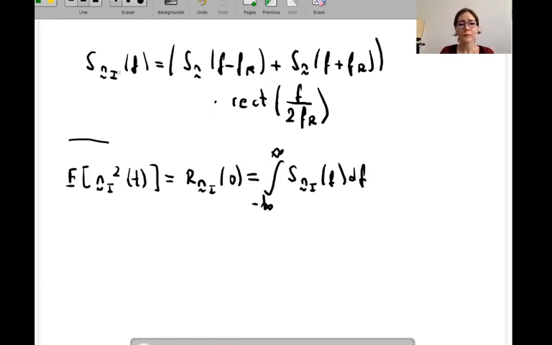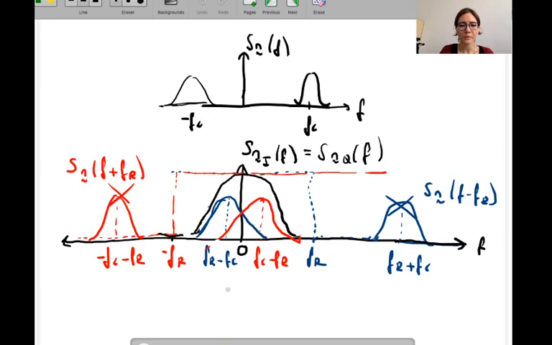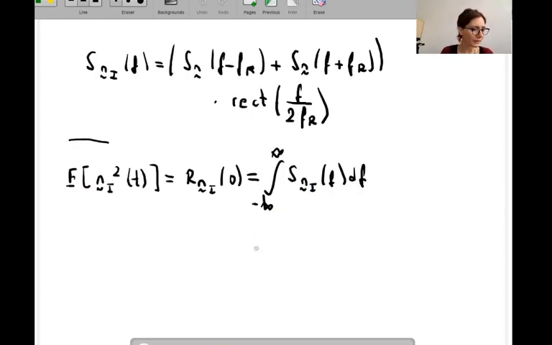But S_Ni of f is non-zero only within the passband. Because of this rect term in here, it's non-zero only between minus fr and fr, right? My drawing is really bad. Okay, so then I can just write down the integral from minus fr to plus fr.